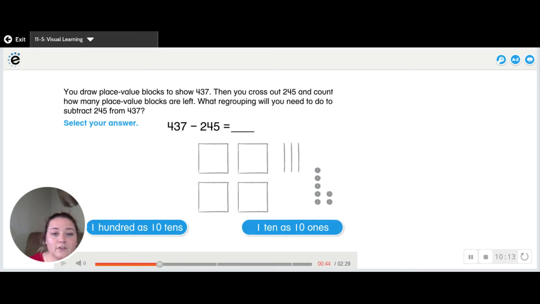Okay, if you look in your hundreds place, you can take 2 from 4. Look in your tens place, can you take 4 from 3? No. You can't take 4 from 3. So we're going to have to borrow one of the hundreds and turn it into 10 tens, aren't we? Yes.